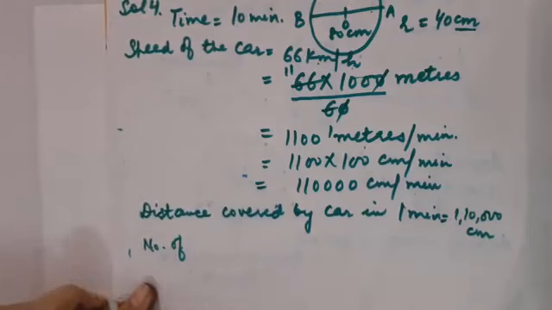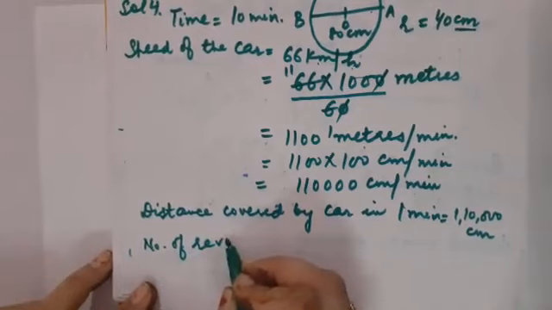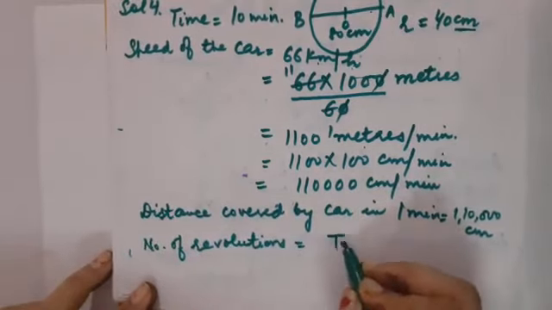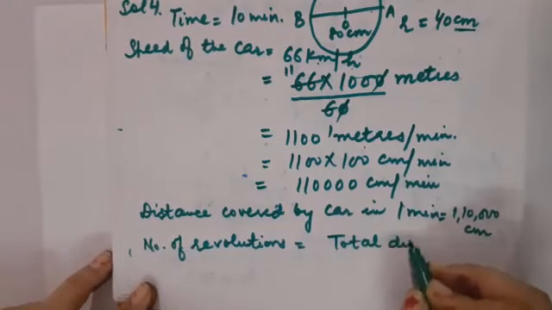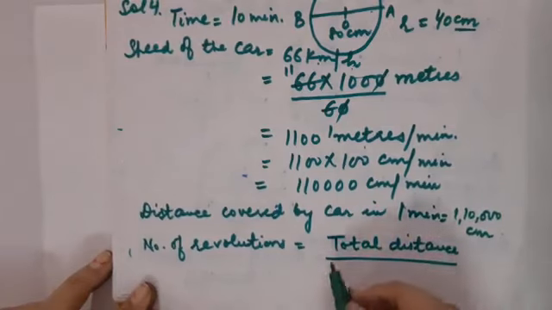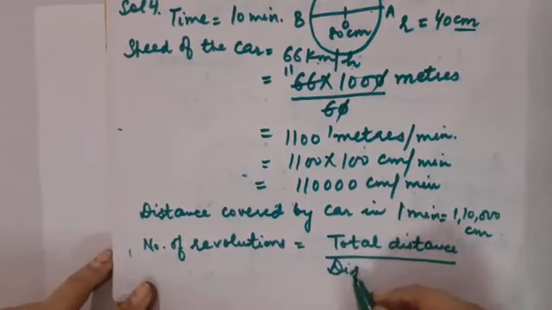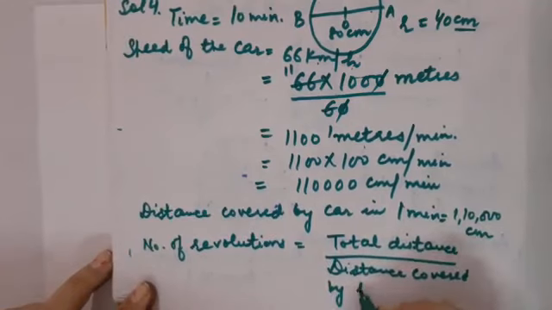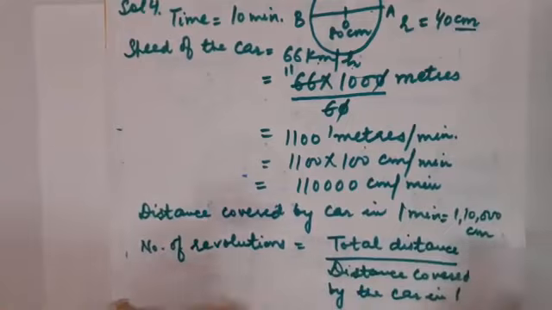Now children, as we will have to calculate the number of revolutions made by the car to cover 1,10,000 centimeter distance. So the formula for number of revolutions is total distance covered by the car divided by distance covered by the car in 1 round.